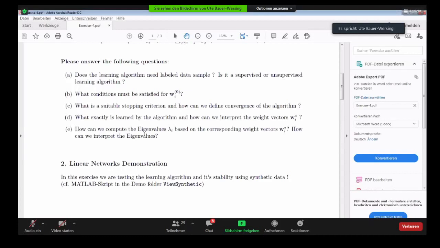Because this implementation of principal component analysis does not calculate eigenvectors and eigenvalues directly using a numerical algorithm. So the only thing we have are the eigenvectors. To come up with eigenvalues in this algorithm, you actually have to calculate the covariance matrix, and then estimate the eigenvalues using the eigenvectors you've learned by Oja's learning.